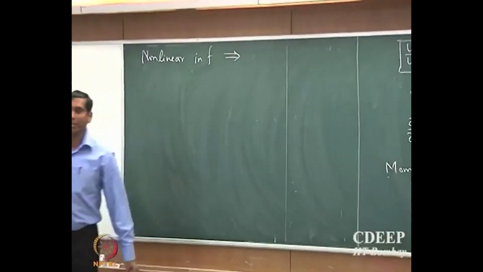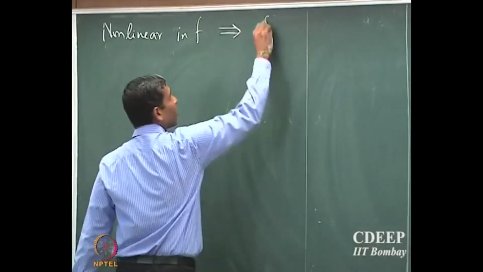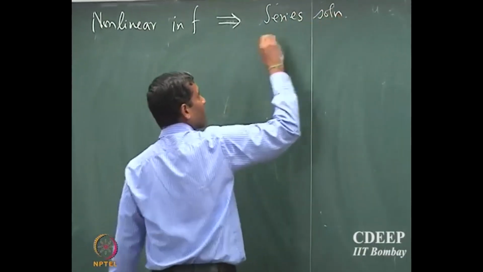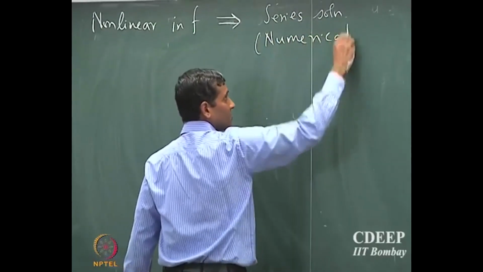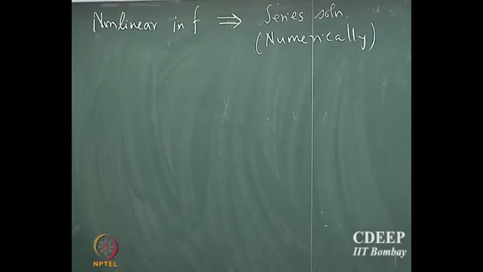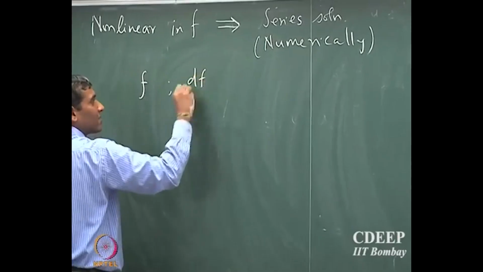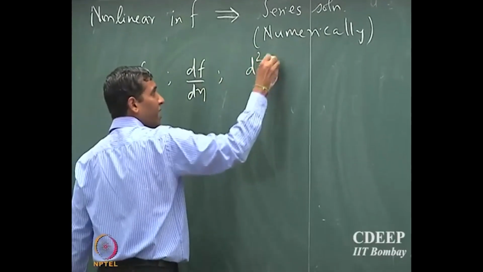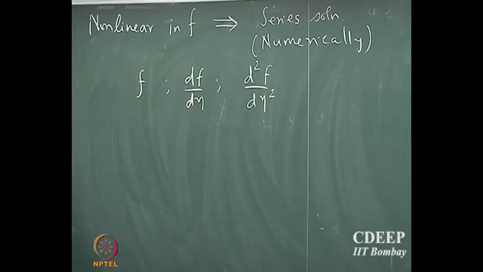Okay. So, of course, these days you would be tempted to solve it numerically. But what Blasius did was he used a series solution. One could of course solve it numerically, and so it has been, so he has worked out the, we now have tables which give you f, df by d eta and d square f by d eta square.